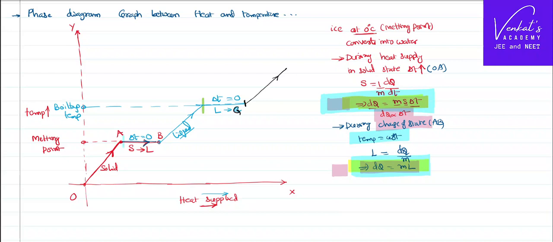During the change of state, temperature remains constant. When the substance is in a single state, in solid, in liquid, and in gas, delta T is not equal to 0. There is an increase in temperature. So during the change of state, temperature remains constant. That's an important thing that you need to understand.